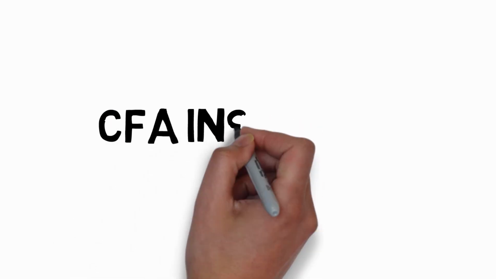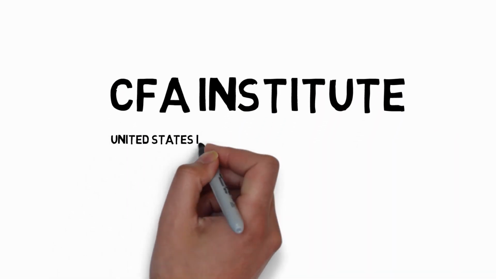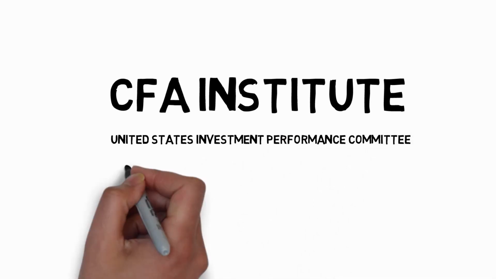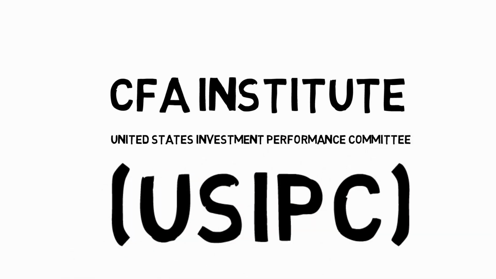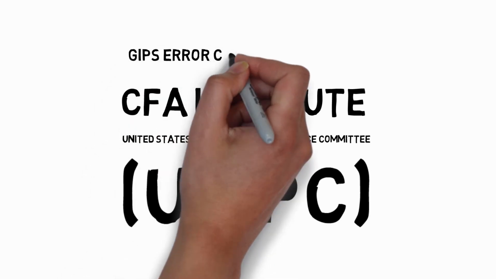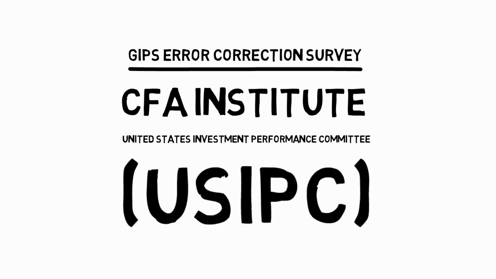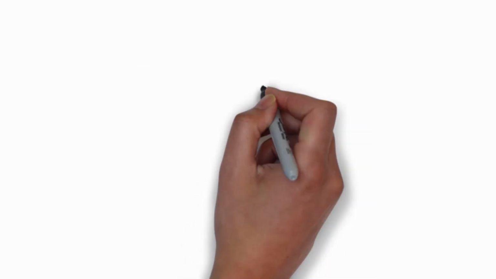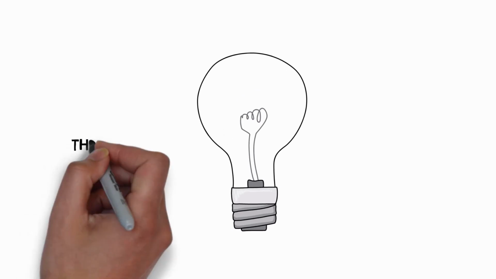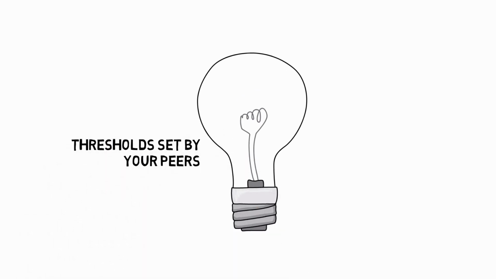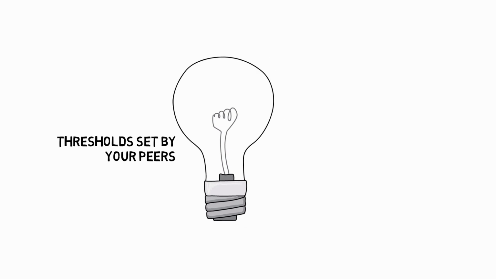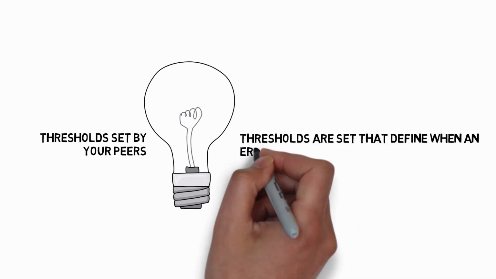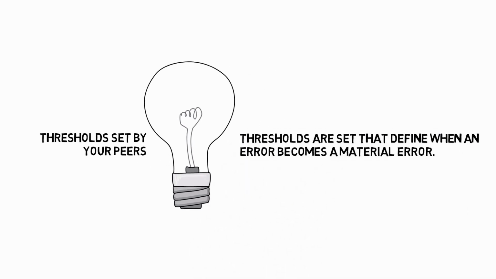Defining materiality thresholds can be difficult, but CFA Institute, in conjunction with the United States Investment Performance Committee, or USIPC, conducted a GIPS error correction survey seeking information regarding the typical materiality thresholds used by GIPS-compliant firms. We recommend reviewing the executive summary of this survey's results to get an idea of the thresholds that have been set by your peers.